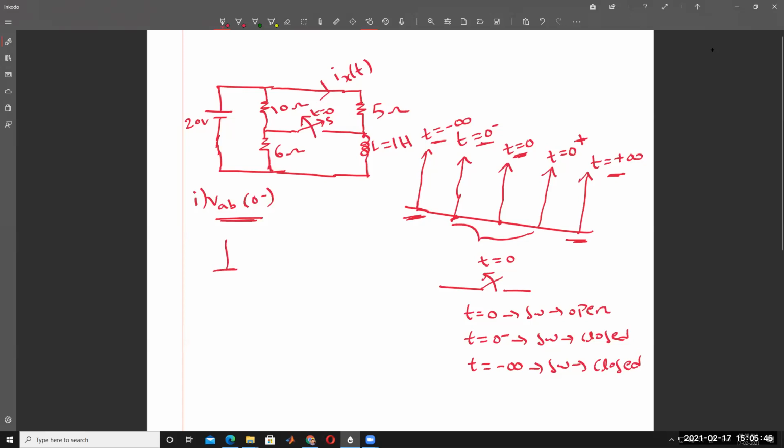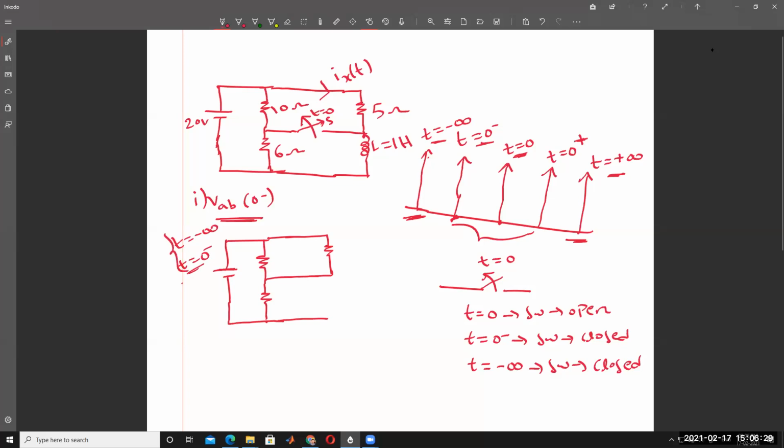The circuit condition will be like this at t is equal to minus infinity. And t is equal to 0 minus is the same. Here open, here closed, and here also closed. The circuit state is the same, that's why the switch is closed, at t equal to 0 minus or t equal to minus infinity.